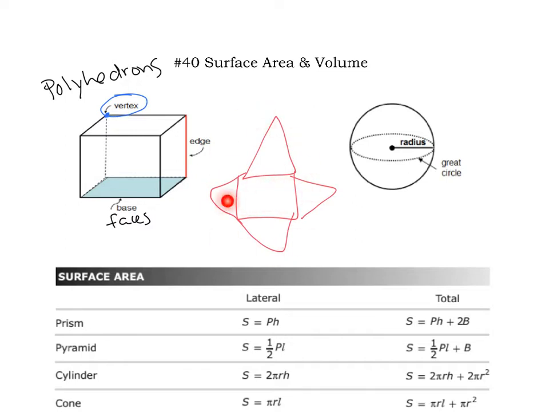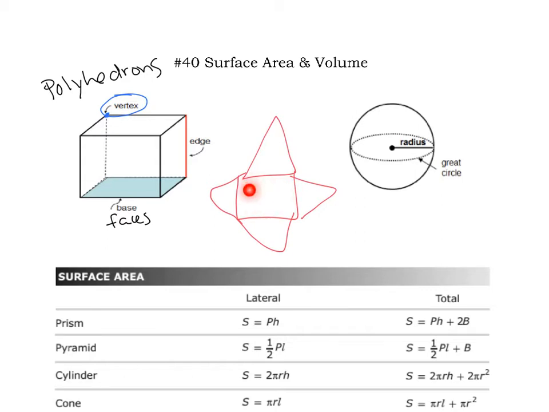So notice this is called a net because I drew a three-dimensional figure flat, okay? So if I were actually to prop up these four triangles, then create that pyramid, and this would be the base. Okay, it's the base because there's only one of it, and it's also the base because that's what this three-dimensional figure actually sits on. All right, so that's another way to figure out what a base is.